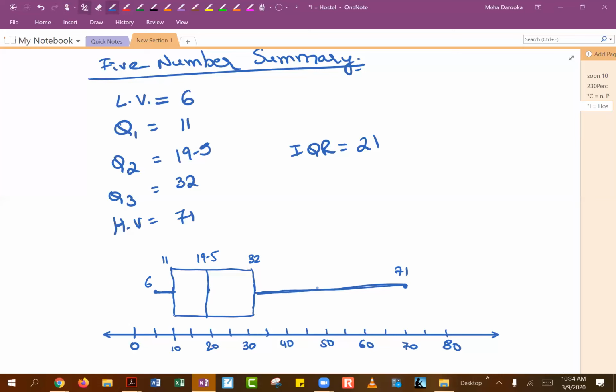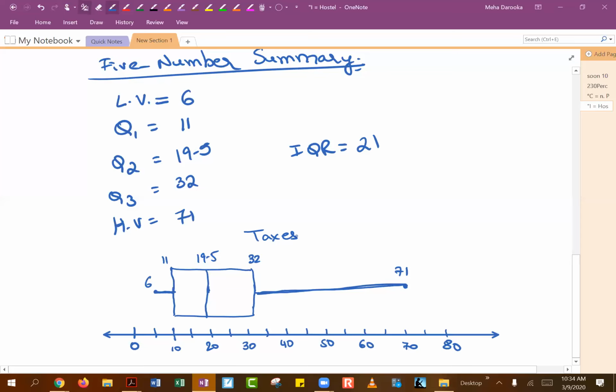I am doing it freehand. You're not allowed to do it freehand, so please be careful about that. For the exam especially, have evenly spaced out scale on your horizontal axis, and then of course have a ruler to help you draw the box and those horizontal lines. And this guy was for taxes from 10 states.